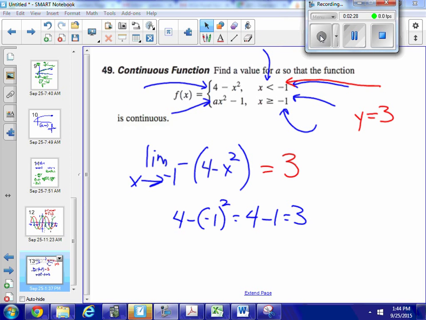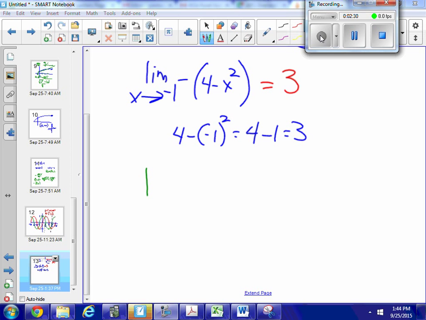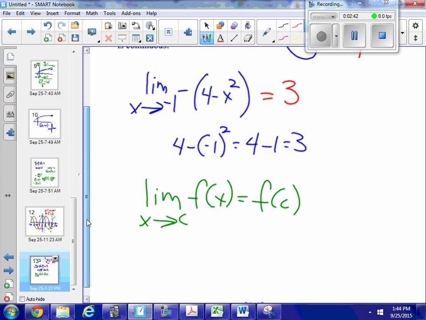Well, in order for a function to be continuous, the limit as x approaches c of f of x has to be equal to f of c. That's what's going to make it continuous.